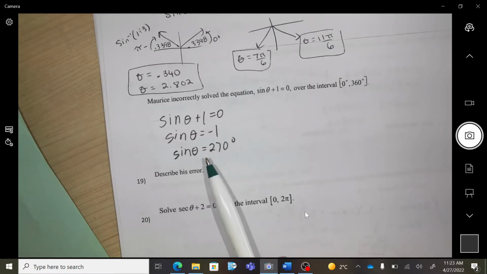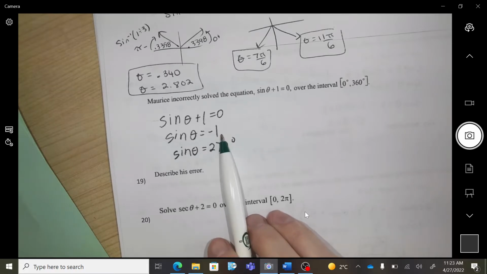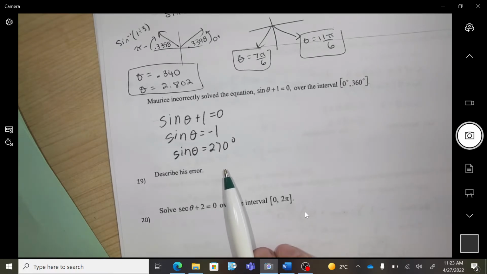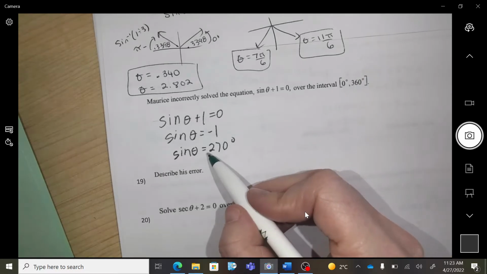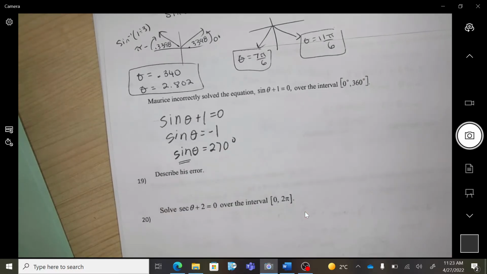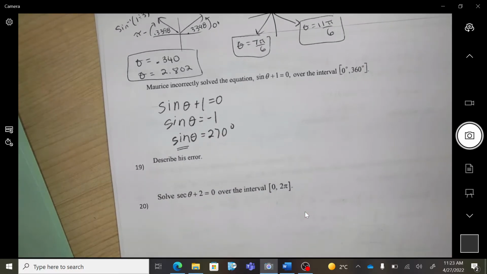Number 19, this was an incorrect solution. So let's see where they went wrong. So moving that over, and where is sine of the angle -1? Describe the error that was made. So this is the error in the communicating.